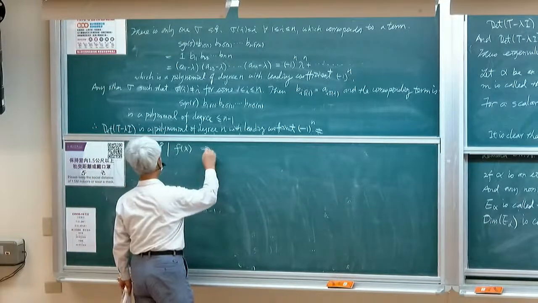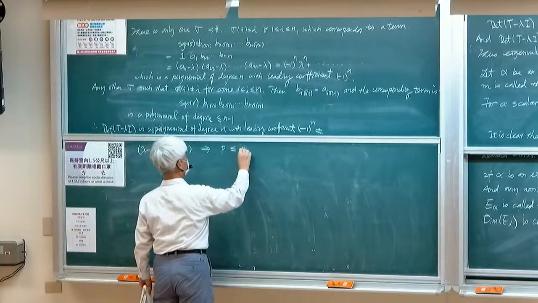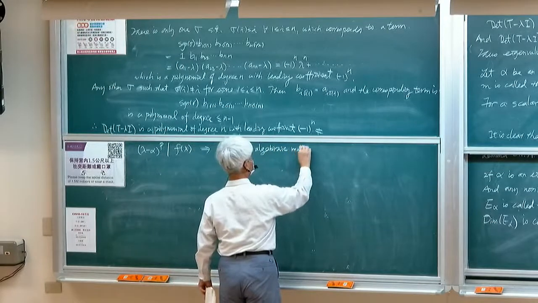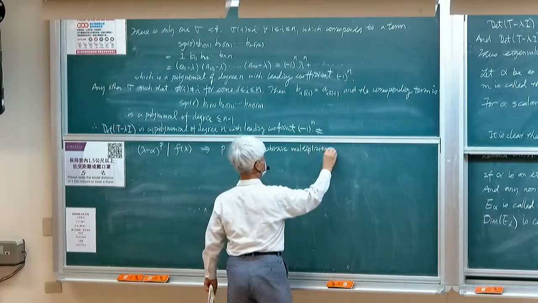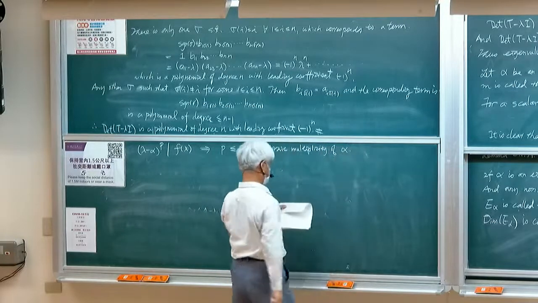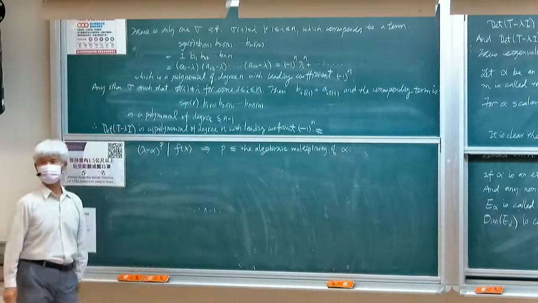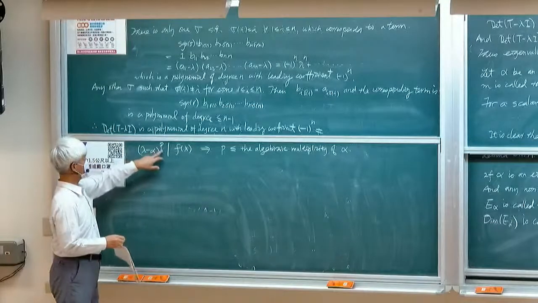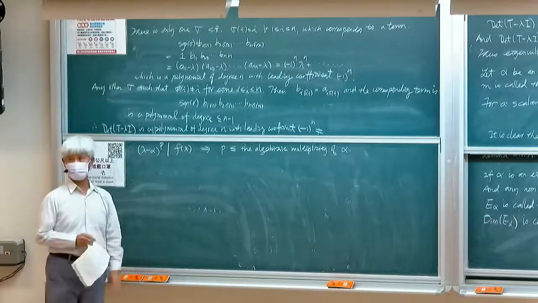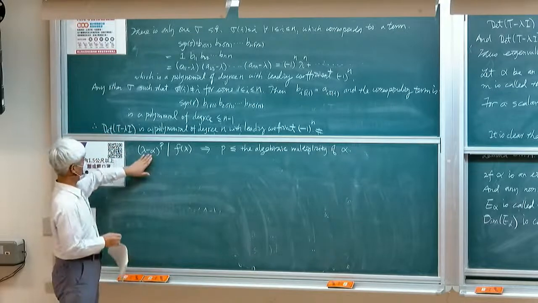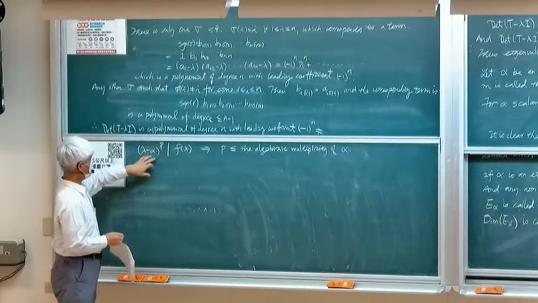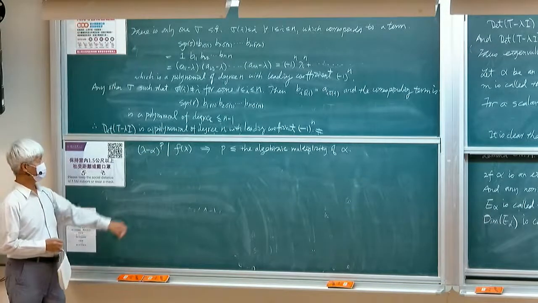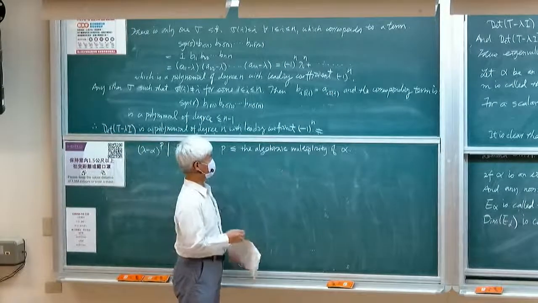So this implies that P is less than or equal to the algebraic multiplicity of alpha, because you may have more factors of lambda minus alpha than P. But at least we know the P-th power of lambda minus alpha is a divisor of f lambda.